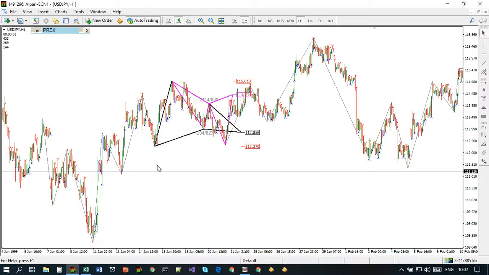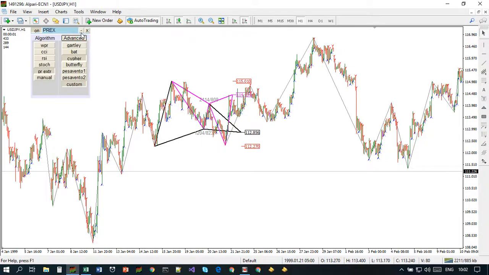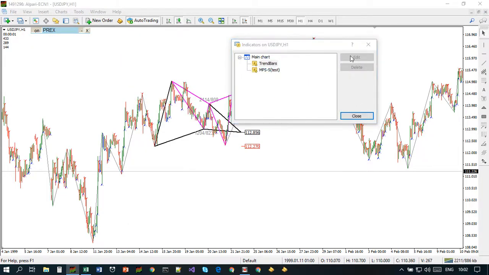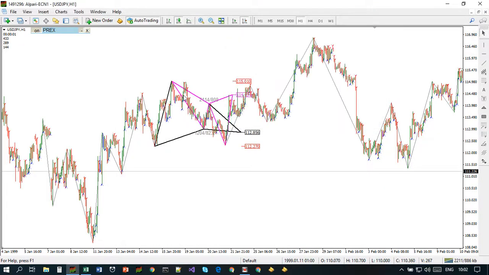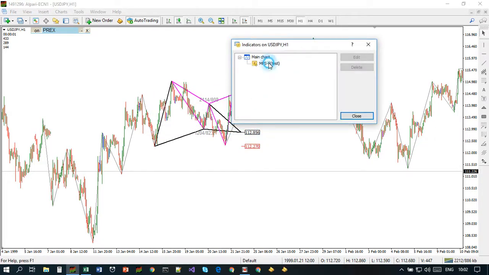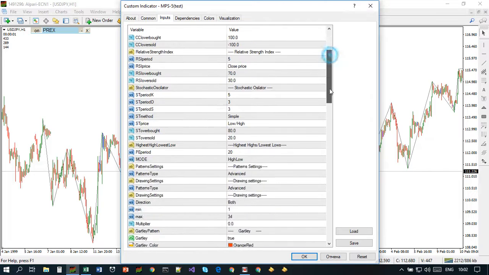Okay, so here's the chart. The settings are the same, the Prax algorithm and the cipher and custom Gartley. If we go to settings of my, not this trend bar, I don't need trend bar anymore, by the way. Okay, let's go to this.